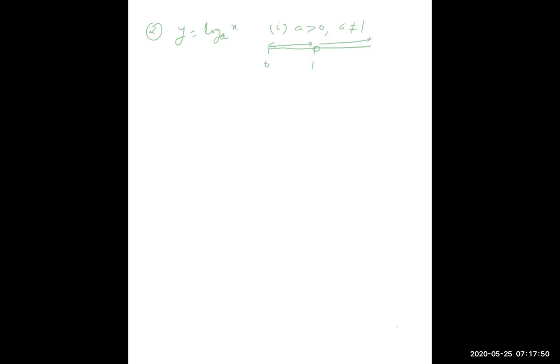Okay, what is the importance of this? Two important bases are there. One is base 10 and one is base e. e is an irrational number like pi. When base is 10, this is known as Briggs log or simply log, standard log.